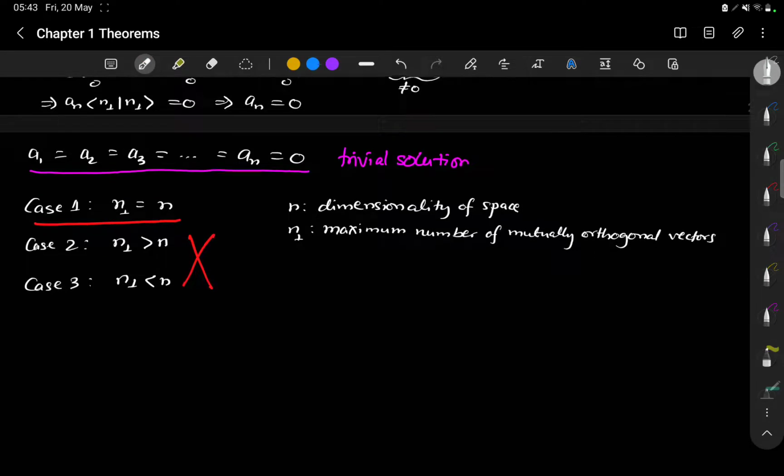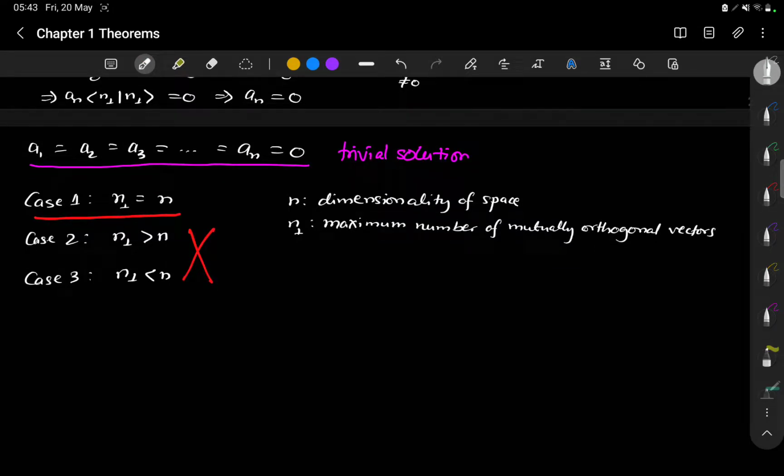The arguments for that are as follows. Let us consider case 3. This is ruled out by Gram-Schmidt.